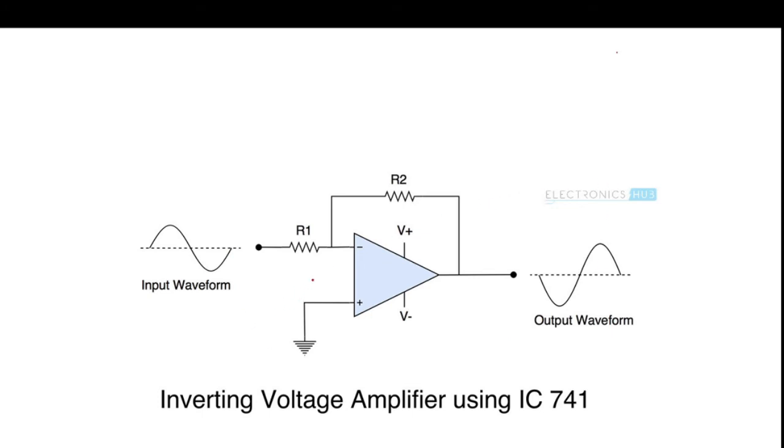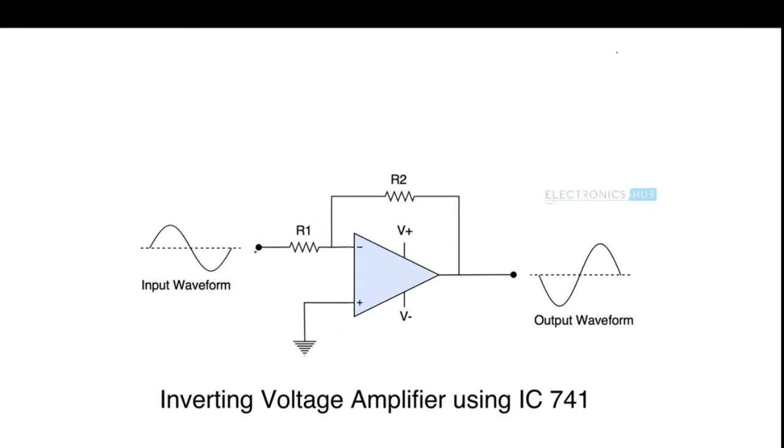Next, how to derive the voltage gain. Now the input signal is given here at the inverting terminal of the operational amplifier. The non-inverting terminal is connected to the ground, meaning zero voltage is given here.